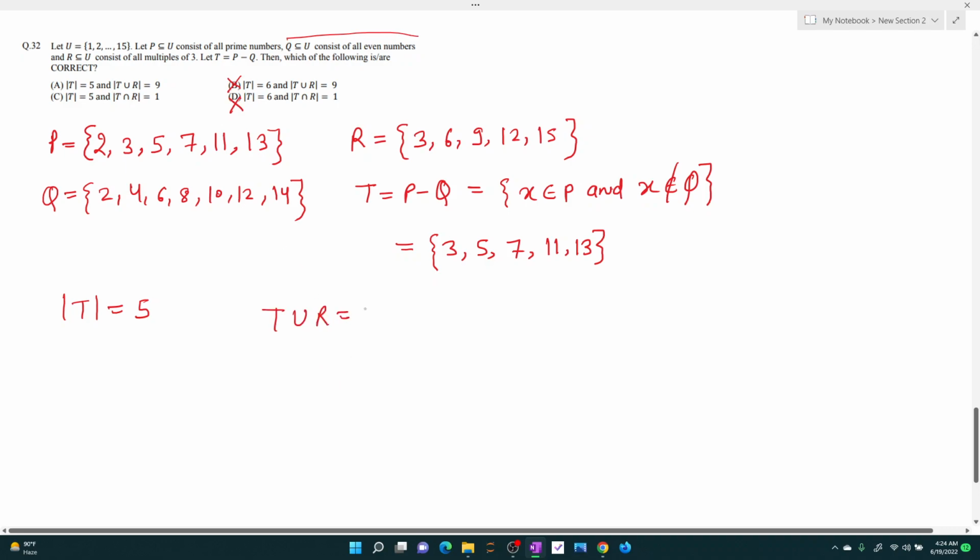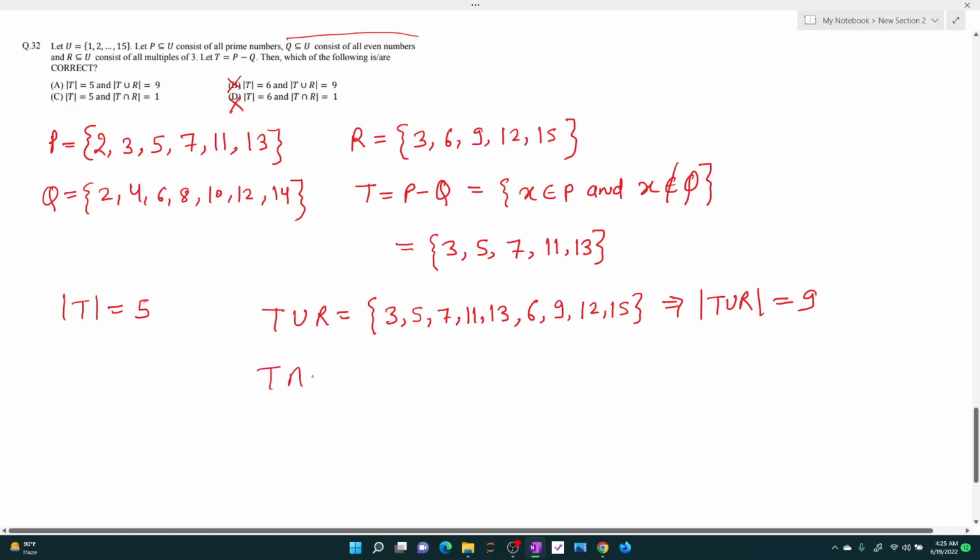So T union R: T is 3, 5, 7, 11, 13, and R is nothing but multiples of 3. So 3 is already there, but all other values like 6, 9, 12, and 15 will come here, right? And so this implies the number of elements in T union R is nothing but 9, right?